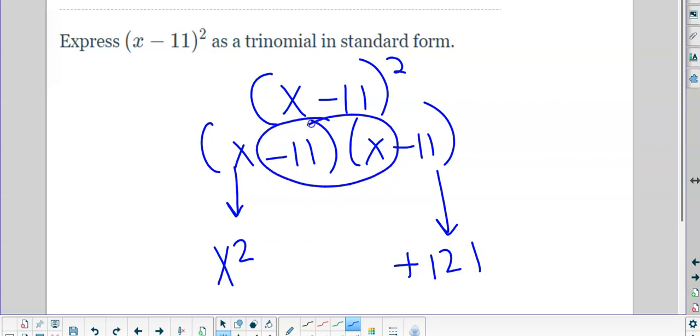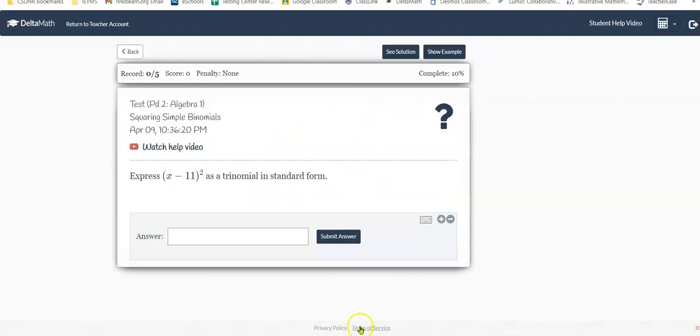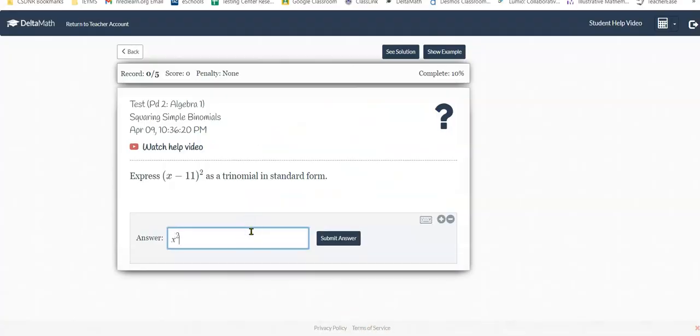And then you find the product of the middle two terms and double it. So I'm going to double 2 times negative 11x, which is negative 22x. So x squared minus 22x plus 121.